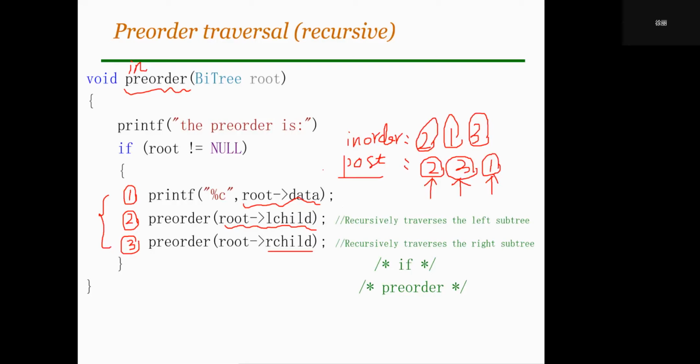So if you want to write the recursive program of these three traversals, it's very easy, you just need to change the orders of these three lines, right?